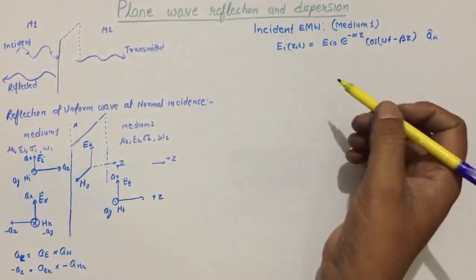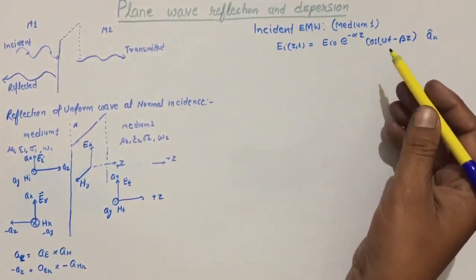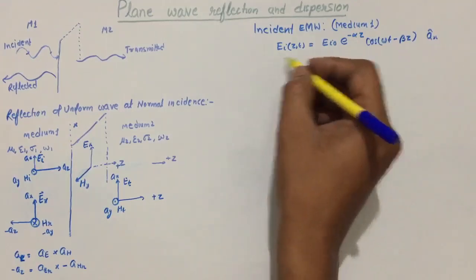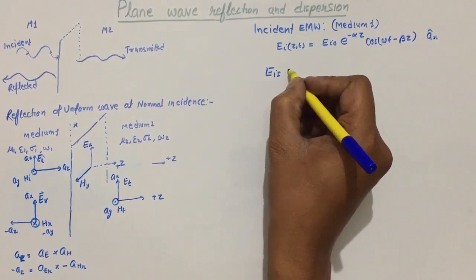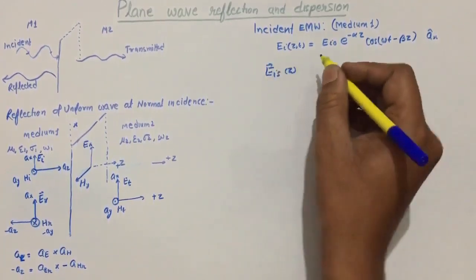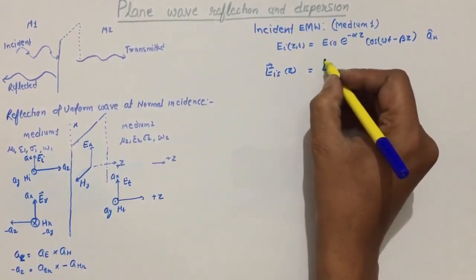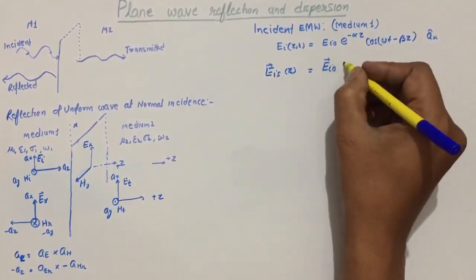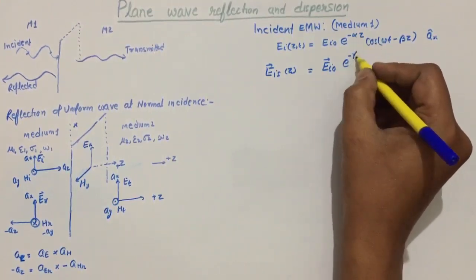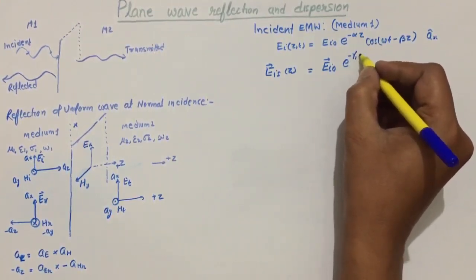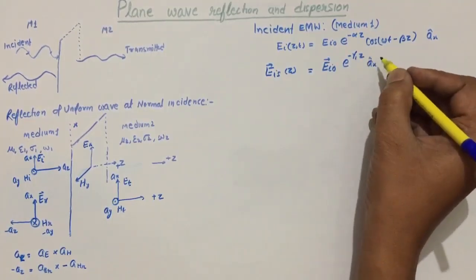If we suppress the time factor and write in phasor form, then this equation can be written as E_is equal to the E incident maximum value times e to the power minus propagation constant gamma_1 z, in the medium 1, in the direction of ax, in phasor form.